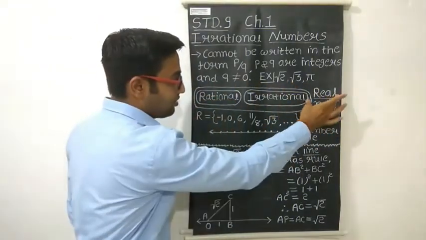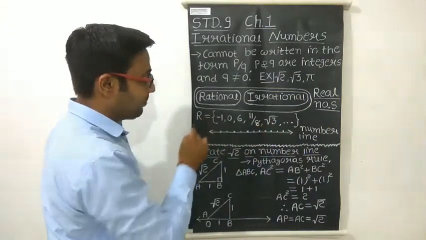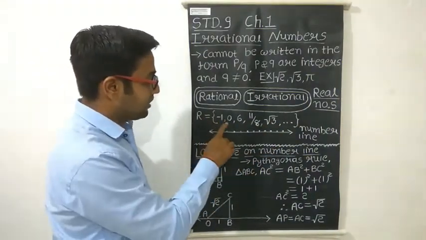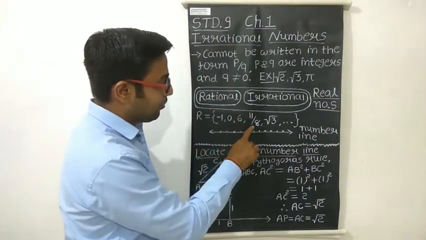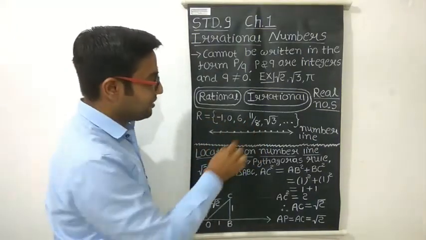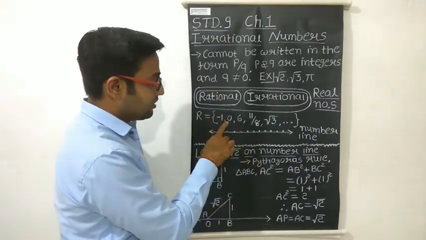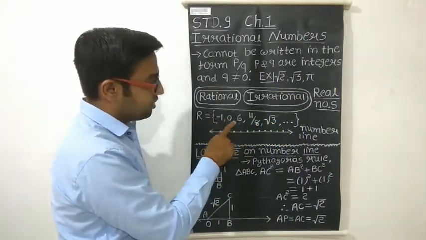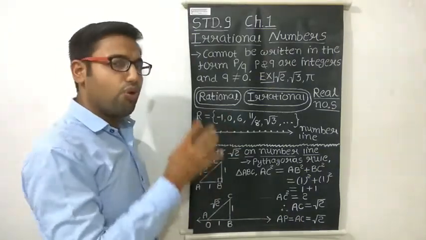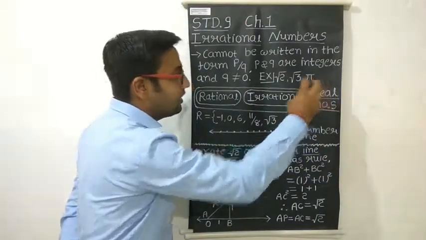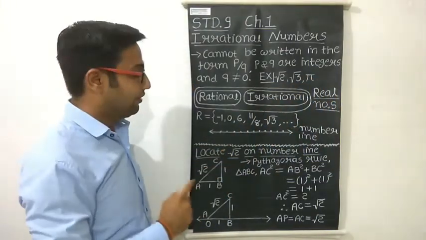So real numbers are represented as capital R, and what kind of members are there? -1, 0, 6, 11 upon 8, root 3. That means rational numbers and irrational numbers. Integers and natural numbers, all kinds of number sets are included in the real number set, right?